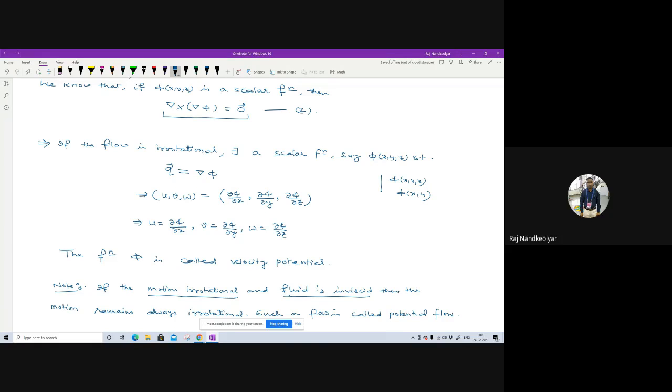So phi(x,y) equal to constant will give you a family of curves, like psi(x,y) equal to constant. Because phi(x,y) equal to constant gives you a family of curves, and psi(x,y) also gives you a family of curves, we are trying to establish a relationship when both exist together. Okay, when the velocity potential and stream function exist together for a flow, then what is the relationship between them? So that is what we are trying to find out.